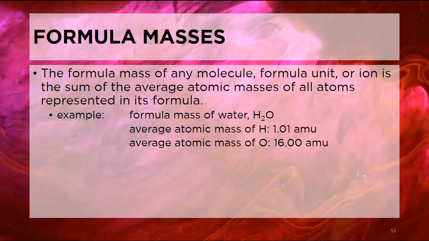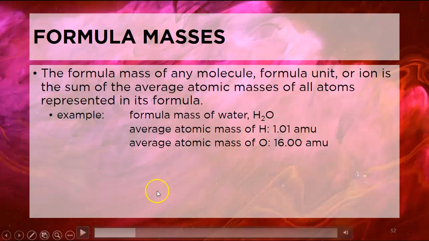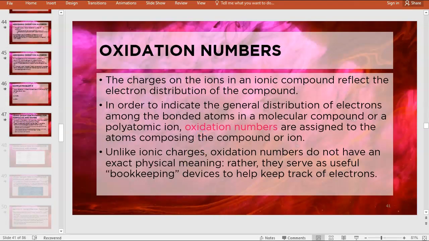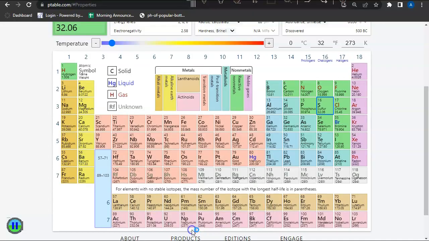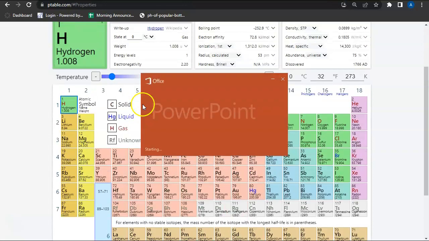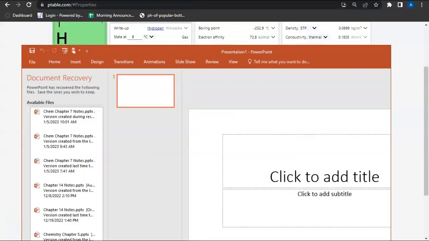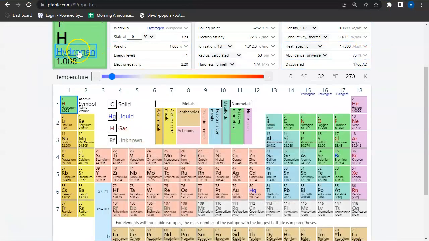The formula mass of a molecule, for instance water, is the sum of all the individual parts. So we know water is made of 2 hydrogens and an oxygen. And if I look at my periodic table, I see that hydrogen weighs about 1.01, and oxygen weighs about 16.